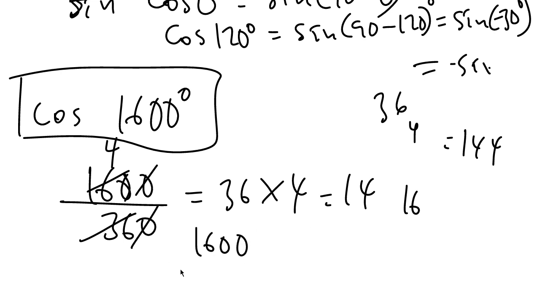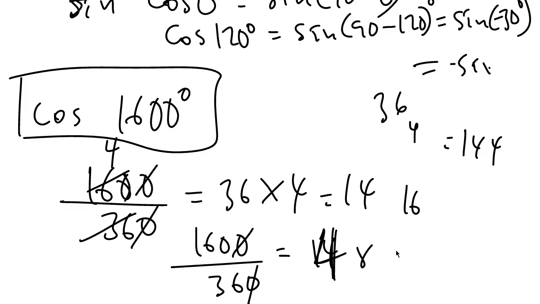Let me write it down again, that it will be clear. Alright, 160 divided by 36 is going to give us 4, which is 144, right? So that will be 4 remainder what? 16, right?